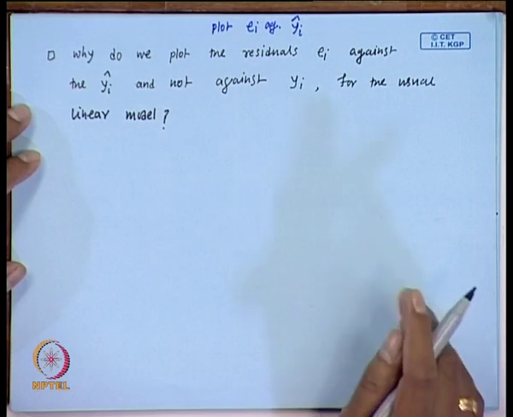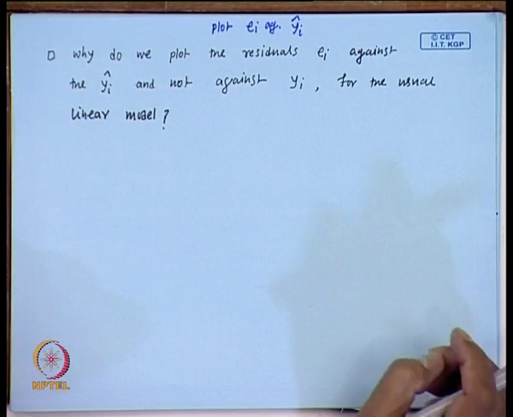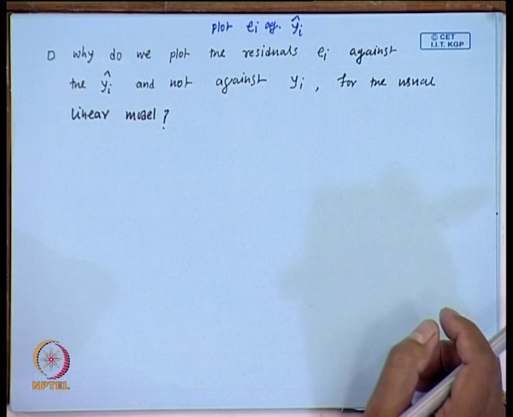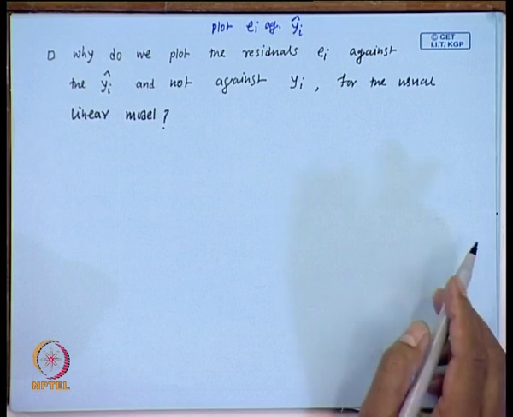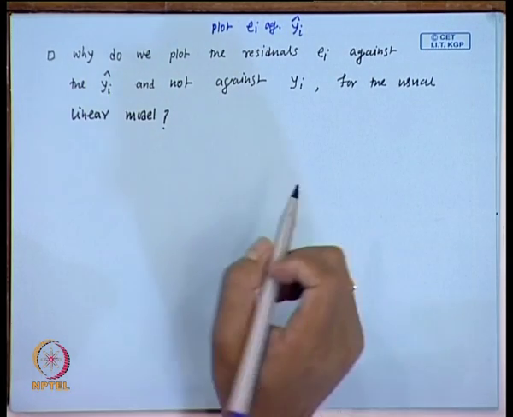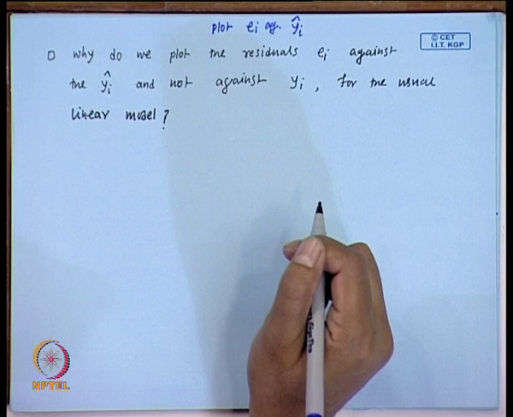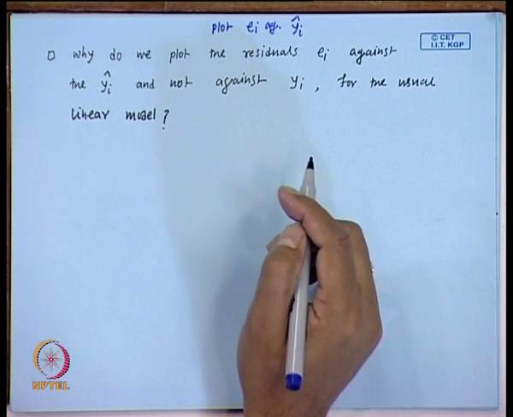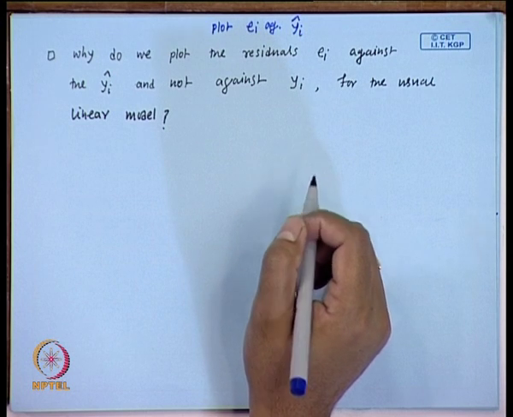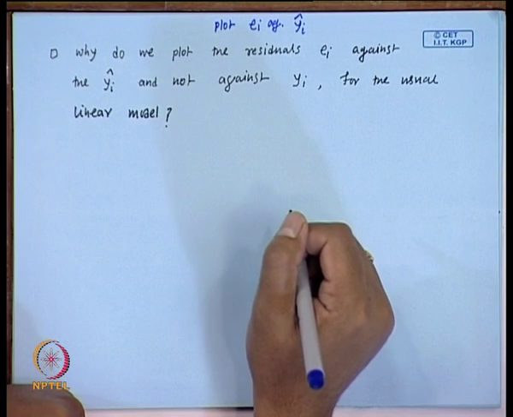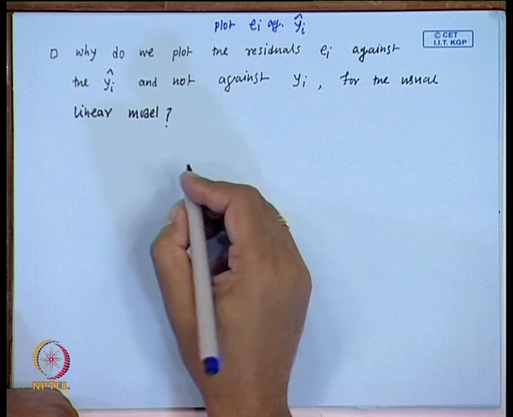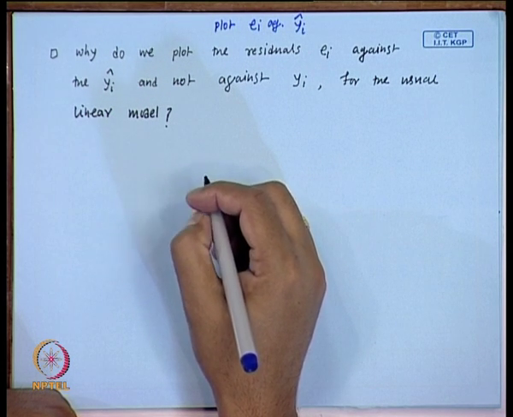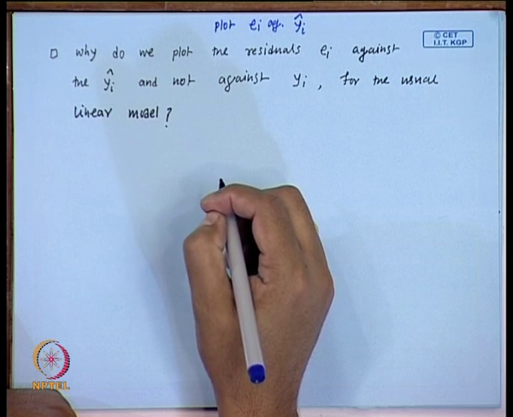So, this is the question: why do we plot the residual ei against yi hat and not against yi for the usual linear model? Okay. It is not so easy to answer this question.